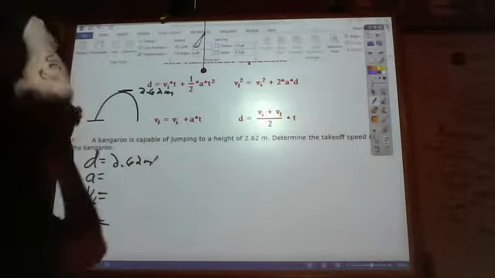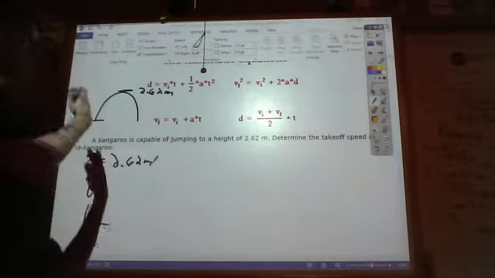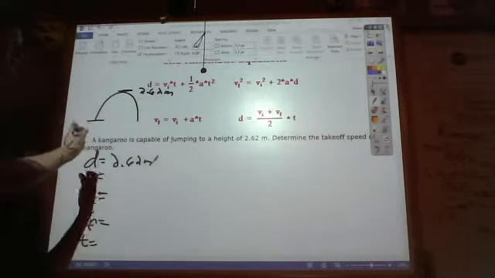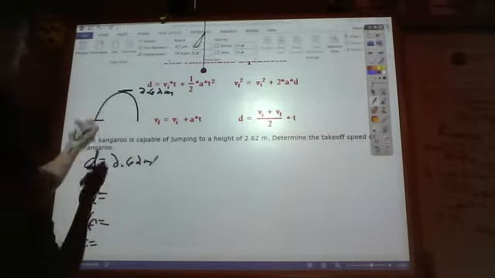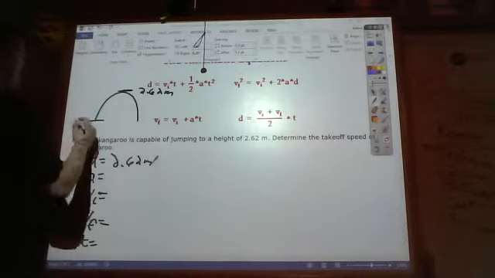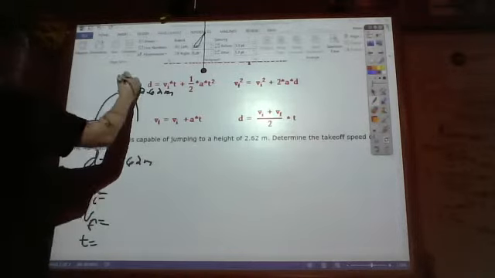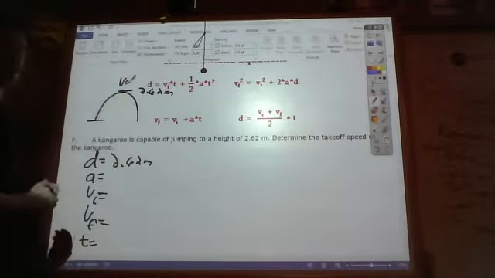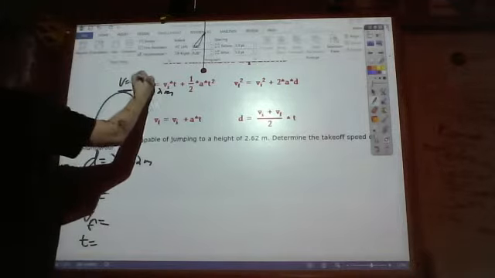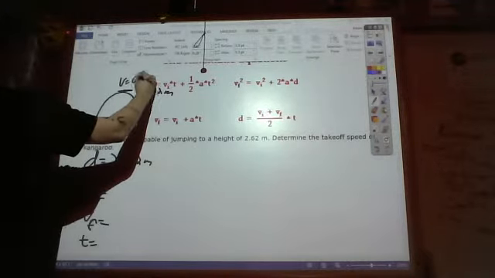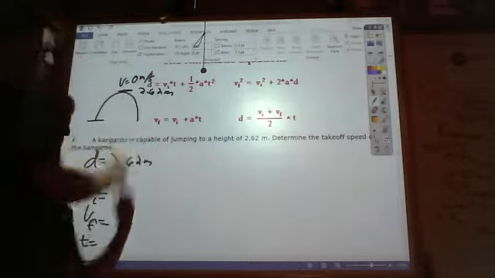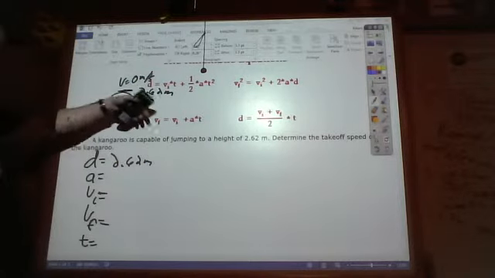So I have to use some special rules. In the free fall video, I talked about some special rules. I said that at the maximum height, what is the velocity? Well, at the max height, the velocity is 0. We're doing it in meters per second.